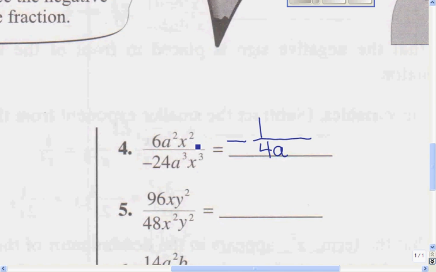And then I've got my x's. 3 minus 2 is 1, and since my larger exponent is in my denominator, I'm going to leave x in the denominator. And my answer is 1 over 4 times a times x, or negative 1 over 4ax.